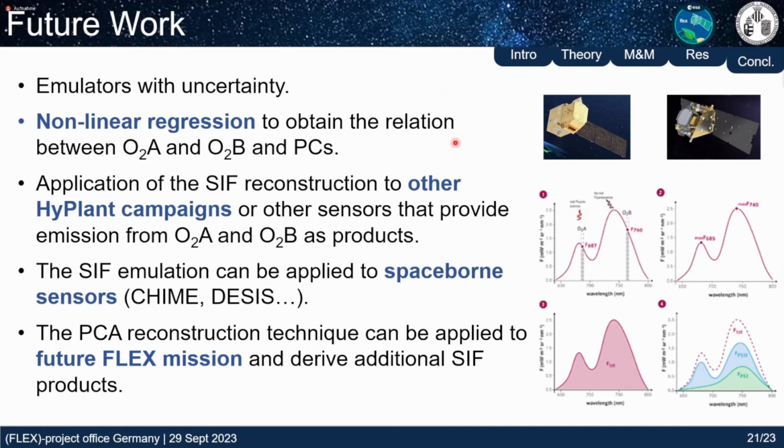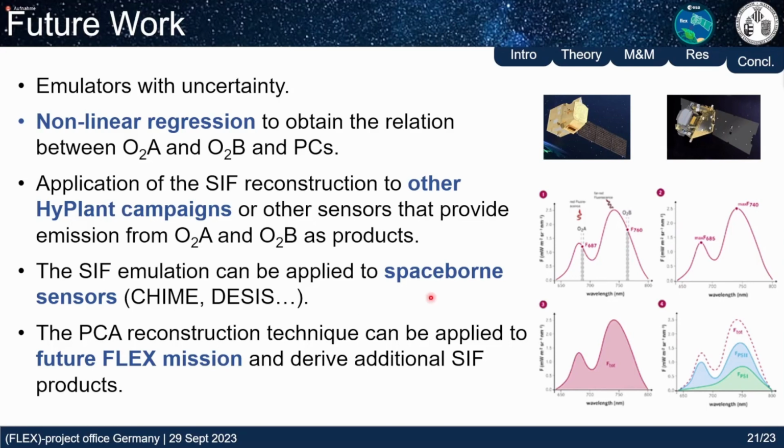Also, we can apply the SIF reconstruction to other HyPlant campaigns or other sensors that provide emissions from A and B products. This is because our technique is only based on SCOPE and principal component analysis, so it is transportable to other places. And the SIF emulation can be applied to other spaceborne sensors like DESIS or others.